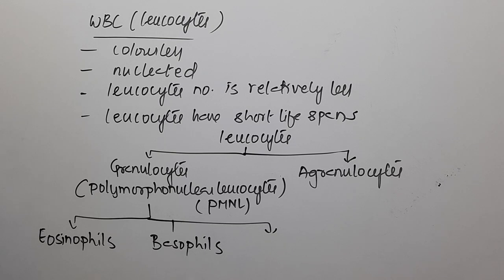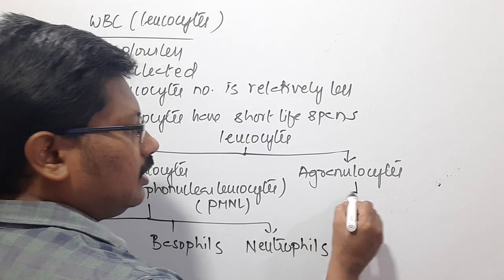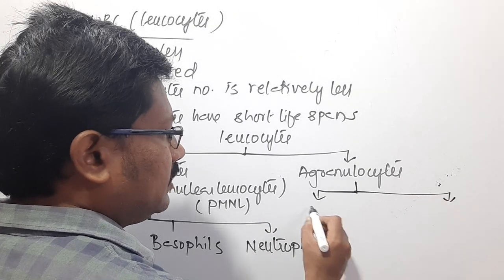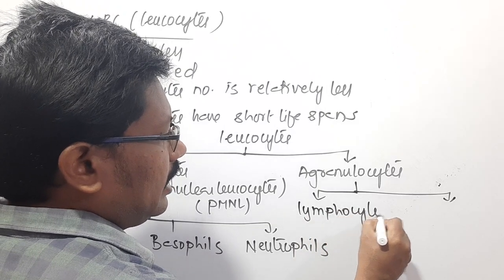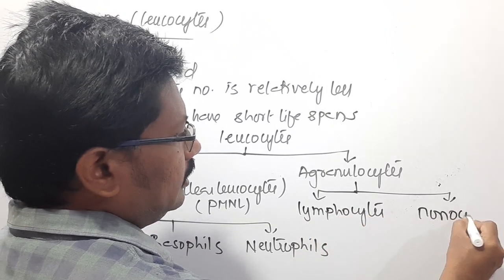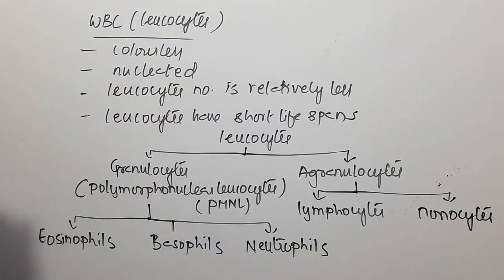If they don't respond to acidic and basic dyes, then neutral, so they are called neutrophils. We'll see about them. Then we know the agranulocytes, which we classified into lymphocytes and monocytes. So first we'll go with the granulocytes.